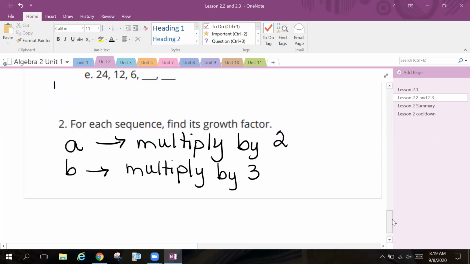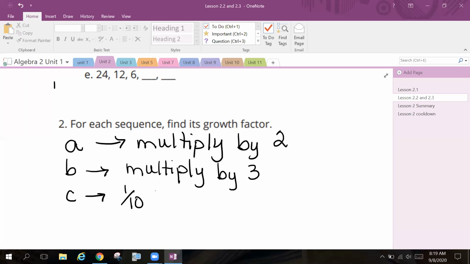So how did you find it? Okay? Now, you did divide, but when you write it out as a growth factor, you don't write it as division. You have to flip it and rewrite it as multiplied by 1/10. Remember, division is just the opposite of multiplication.